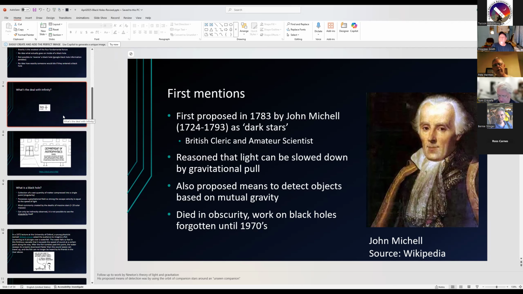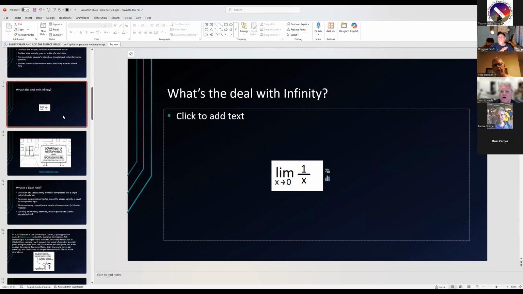It just never really sat right with me that you would have to require a singularity in order to have a black hole. If three solar masses is enough to create a black hole, is that enough to create a singularity?